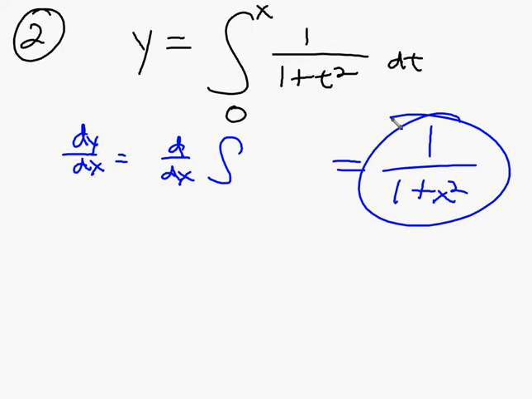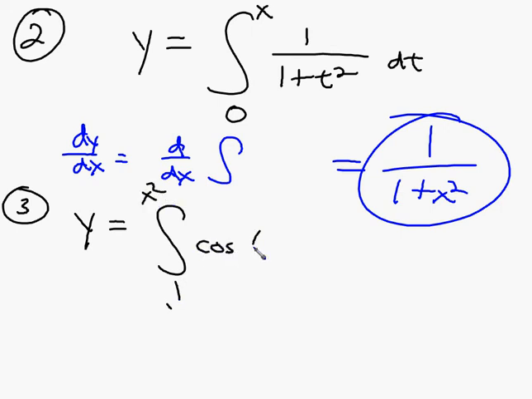Now, what if I had this? y equals the integral from 1 to x squared of cosine of t dt. Well, almost.